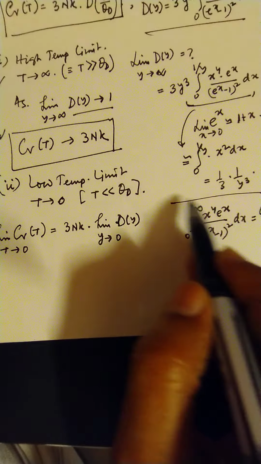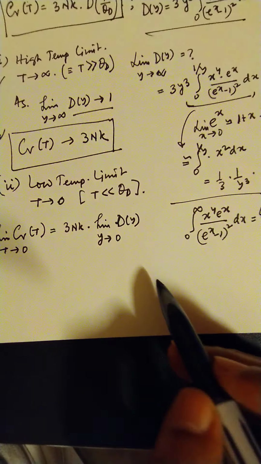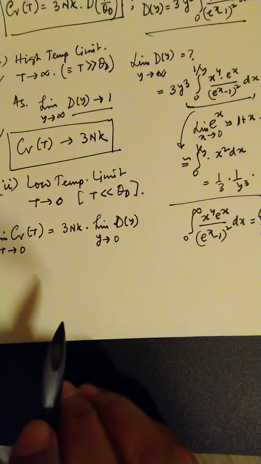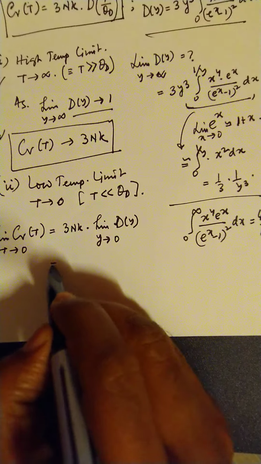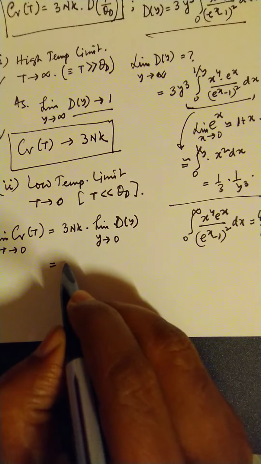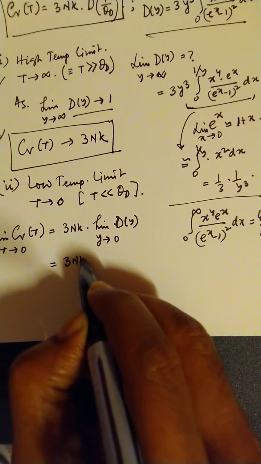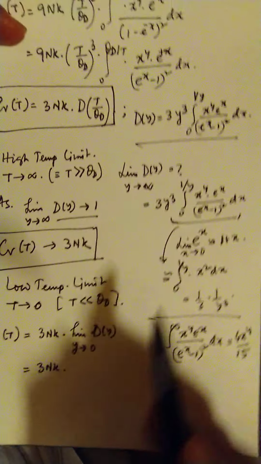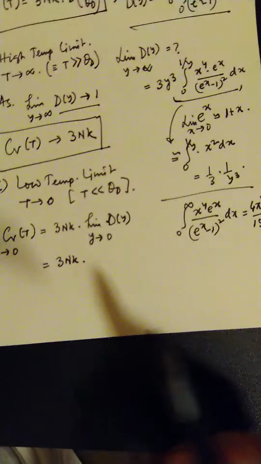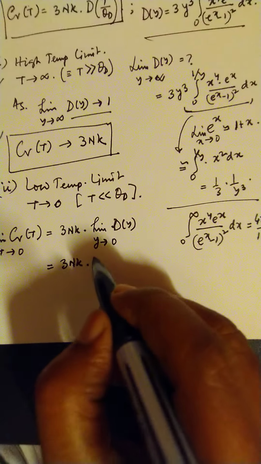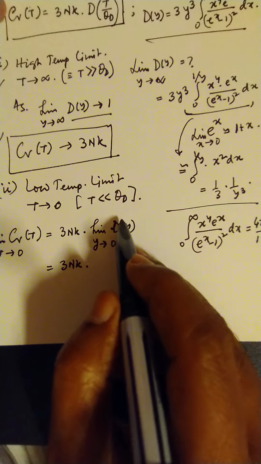So let us put this part in the Dy function under the limit of y tending to 0. In that case this becomes 3nk, and then from the Dy function you have a 3y cubed that remains.